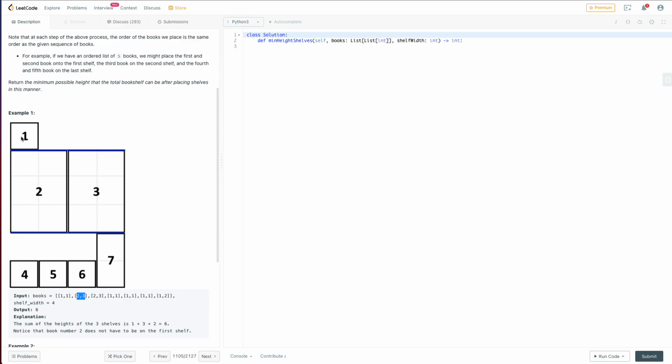So maybe DP, like if I place 1 and then 2, then my height is 3, and then the current width of 3 is less than the shelf width, so that's always a good strategy, because if you can already fit it in one shelf, you're obviously always better off doing that.